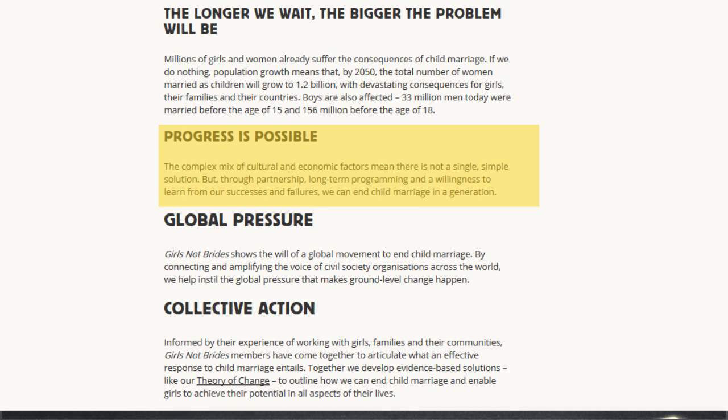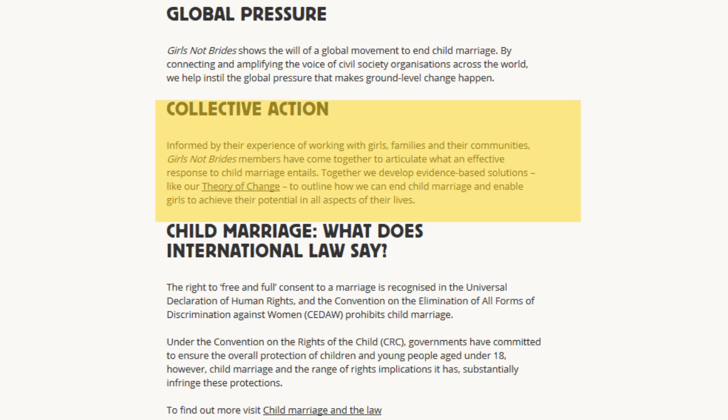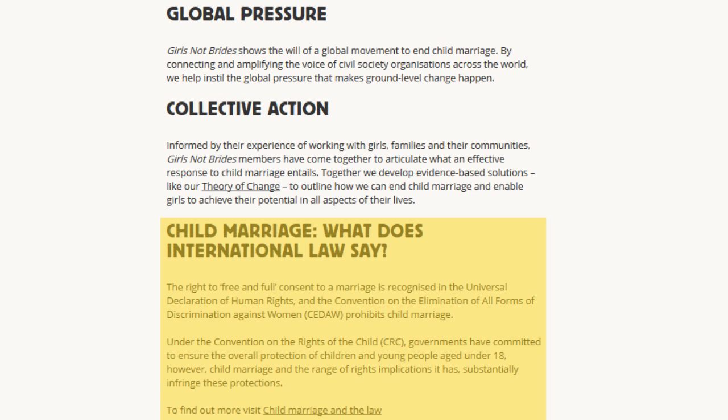It's a complex issue. That does not mean there is a single simple solution, but as the authors write, through partnership, long-term programming, and a willingness to learn from our successes and failures, we can end child marriage in a generation. Global pressure, collective action, and what does international law say, with a link.